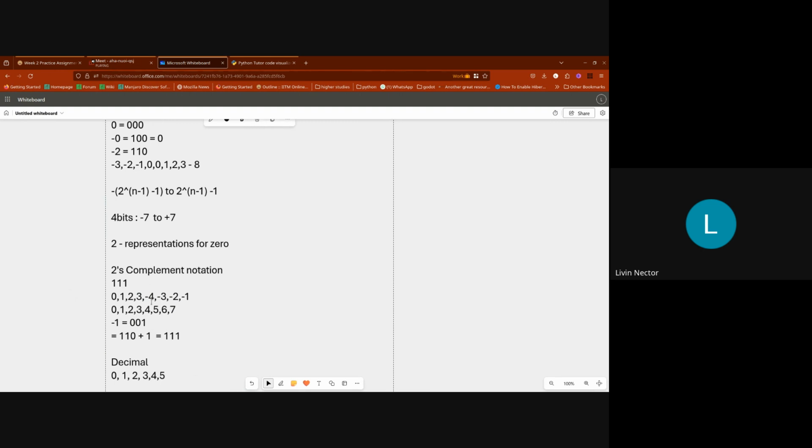For example, if I want to represent -4, what will I do? I will write 4 first. How will 4 be? 1, 0, 0. This is 4, right? And I change all the bits. Then it will be 0, 1, 1. Correct? And now I add 1 to it. So what will it become?